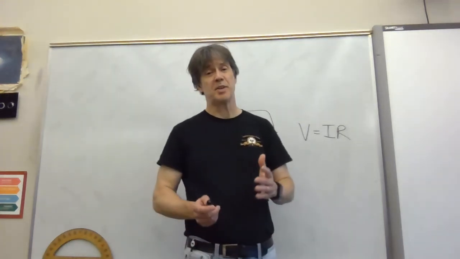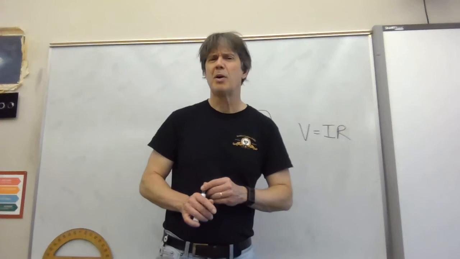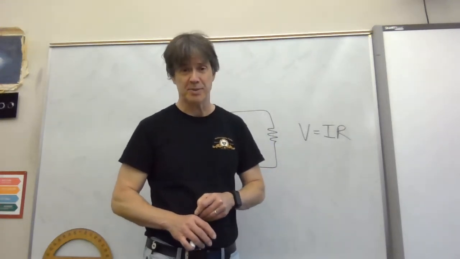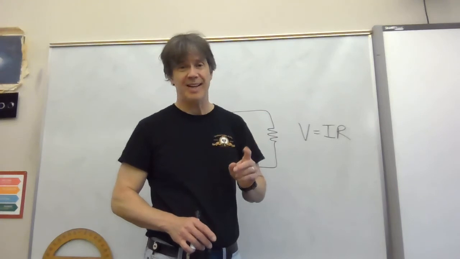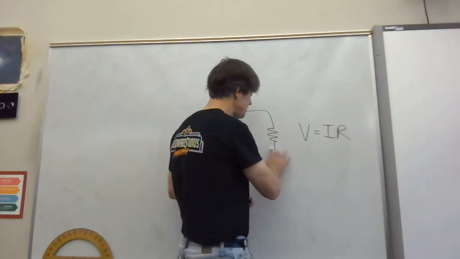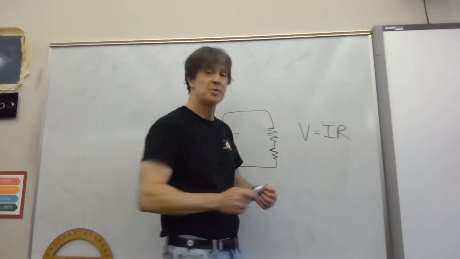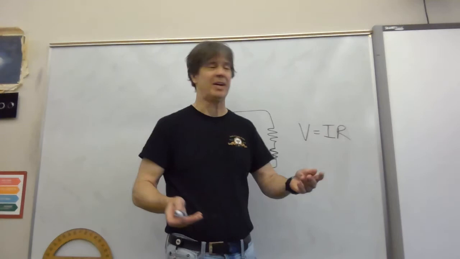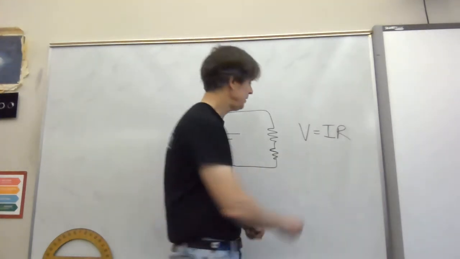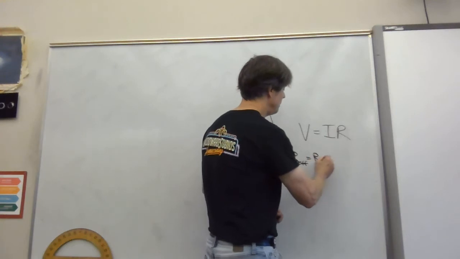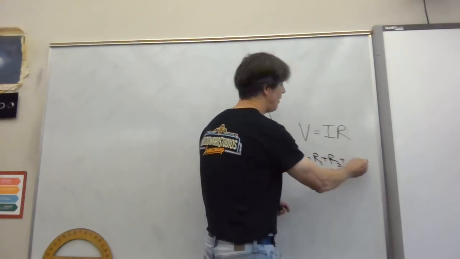And then there's this whole issue, which I think most of you had in AP Physics 1 last year, and I think they just touched on some of this. I think maybe you did learn about resistors in series and how they add up to make an effective resistance. You just add them: R effective equals R1 plus R2 plus however many there are.